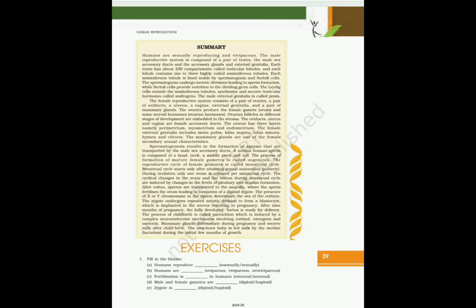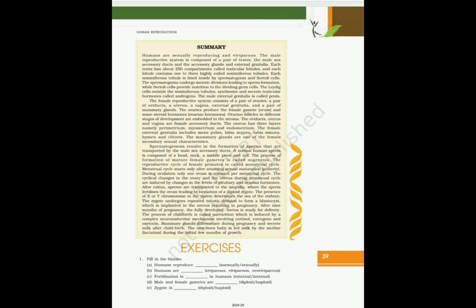Summary. Humans are sexually reproducing and viviparous. The male reproductive system is composed of a pair of testes, the male sex accessory ducts, and the accessory glands and external genitalia. Each testis has about 250 compartments called testicular lobules, and each lobule contains 1 to 3 highly coiled seminiferous tubules.